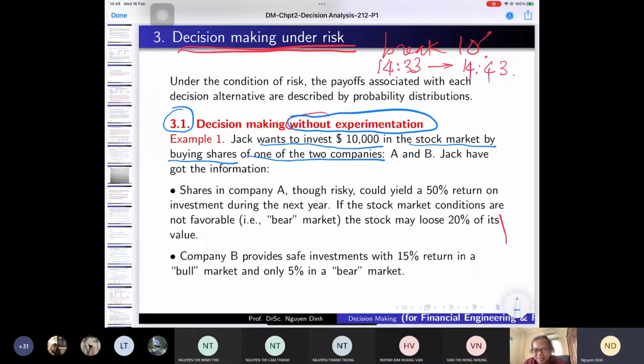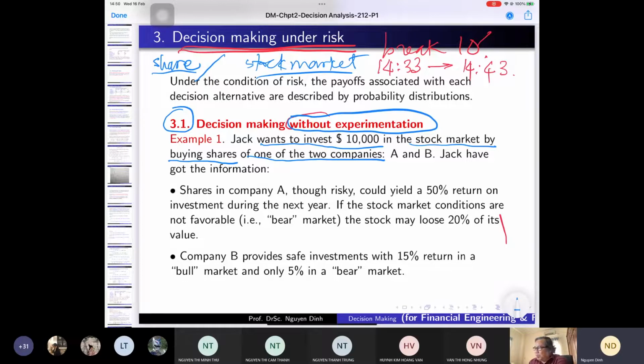In the stock market, you have a stock share, a share of one company. Is that okay?